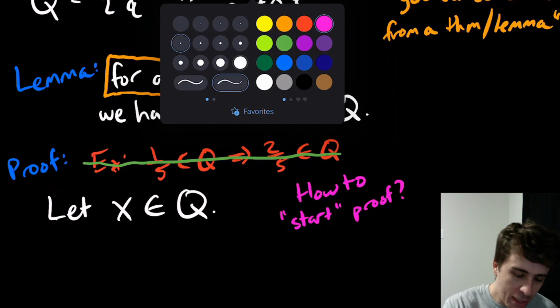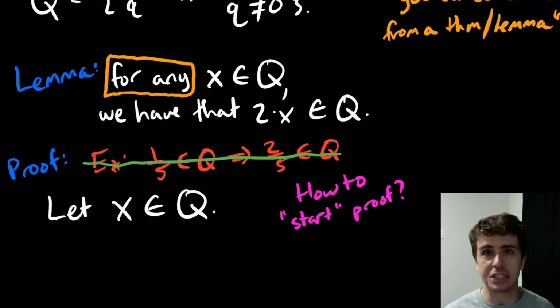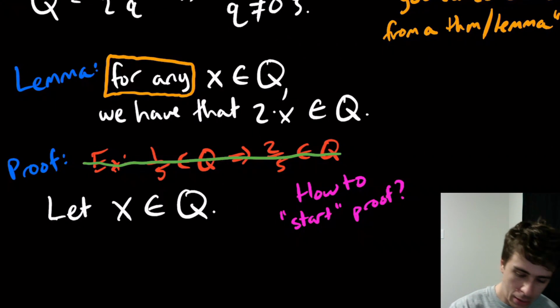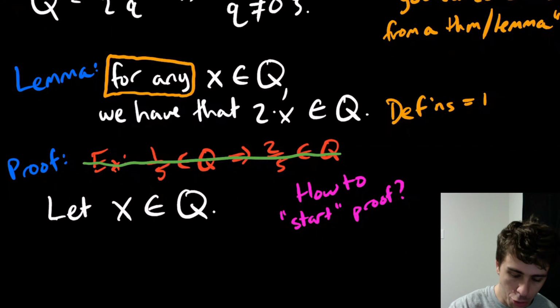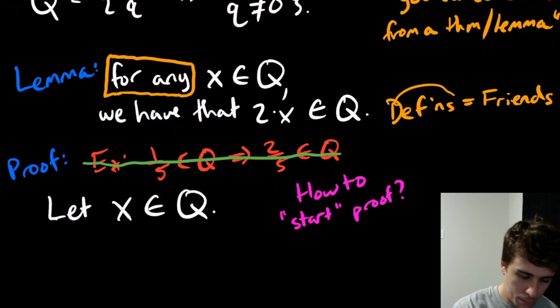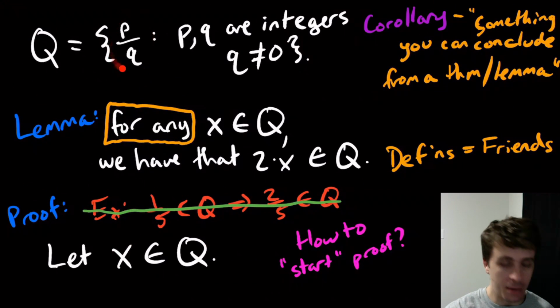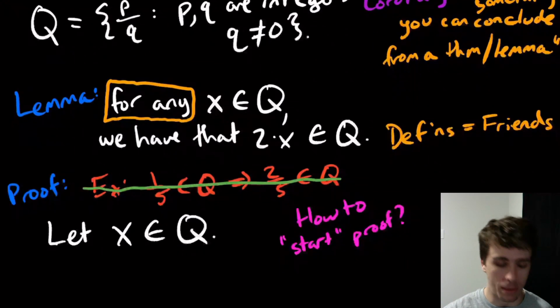It really depends. In some cases it's really easy, in some cases it's not quite so straightforward. The one tried and tested approach that I take is to appeal to the definitions. In some sense, the definitions are your friends. So, what is the definition here? Well, the definition of a rational number is that it's some integer over another one.